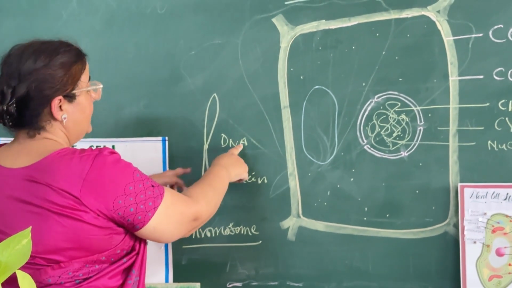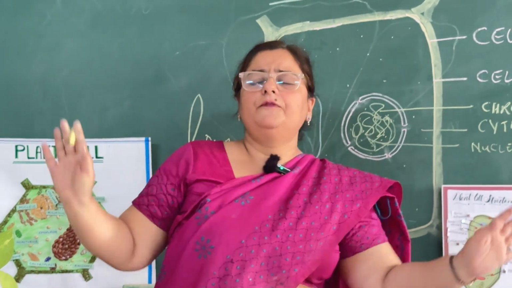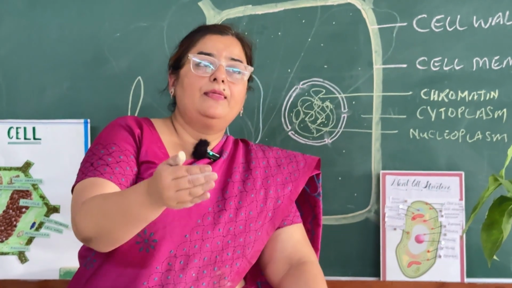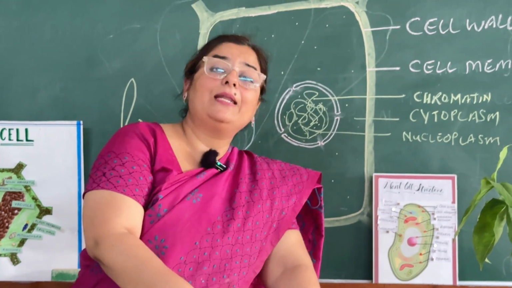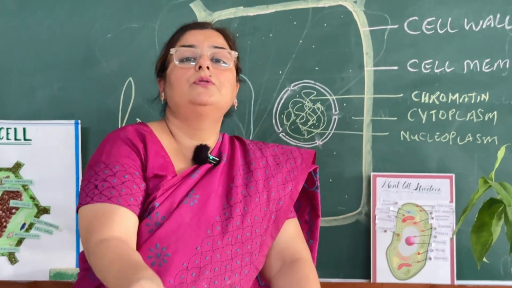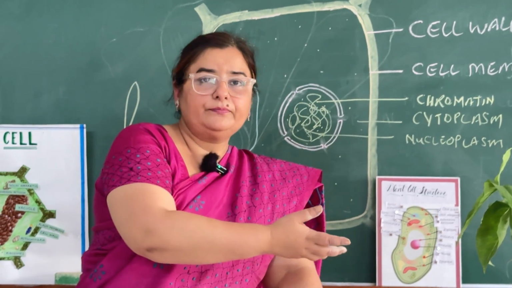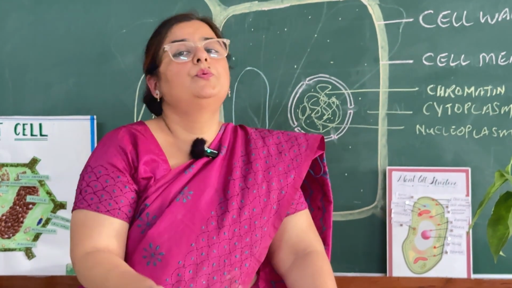And DNA has many functional segments which are known as genes. Genes are transferred from one generation to another, and they carry the information from the parent to their offspring. Like we resemble our parents. Why? Because genes are transferred from one generation to another generation.